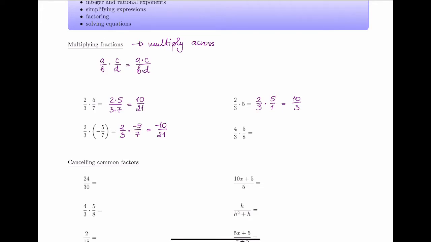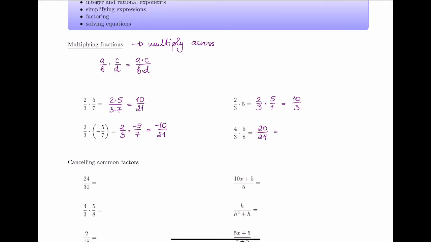And then finally, let's do this example just to see what can happen after we've done multiplying. 4 times 5 is 20. 3 times 8 is 24. Hopefully, you remember from years of experience in school that this is not the simplest this fraction can be. So there's something that we can do here to make this expression a little smaller, and that is to in fact somehow cancel out common factors within 20 and 24.